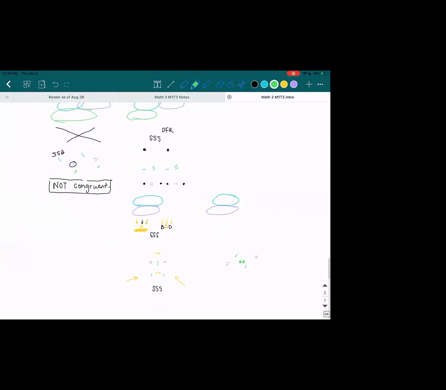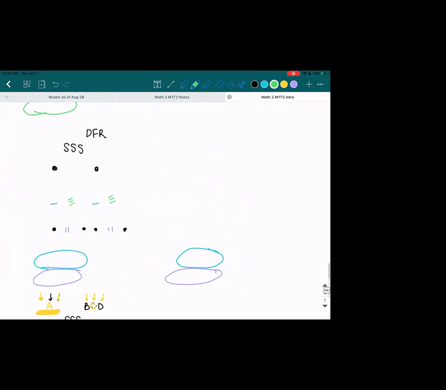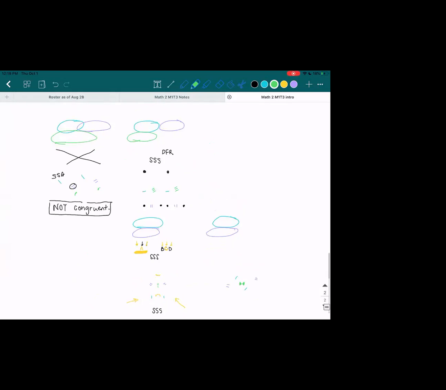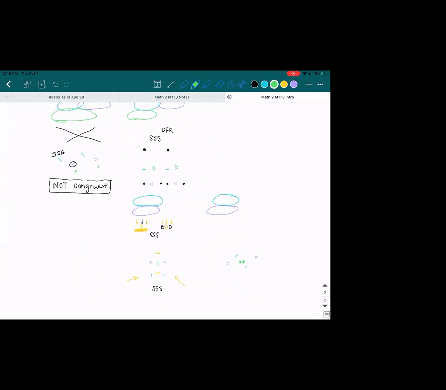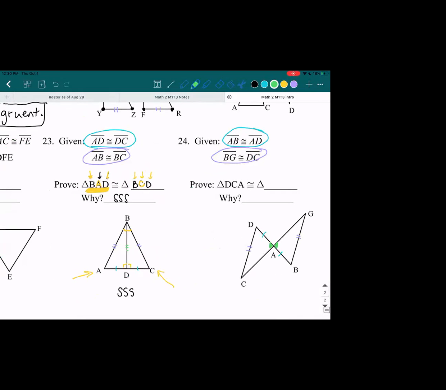It depends on what the problem gives us, like which parts they tell us are congruent. Here they gave us 3 sides, so it has to be SSS.